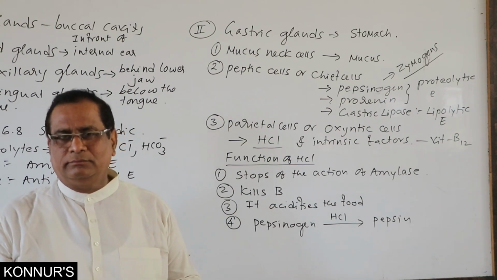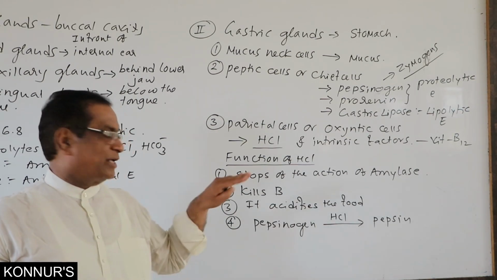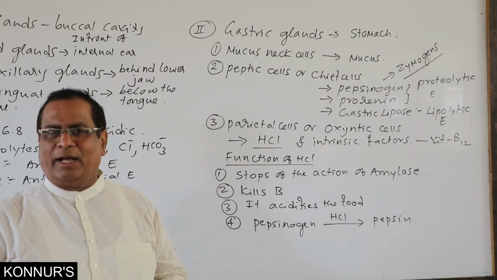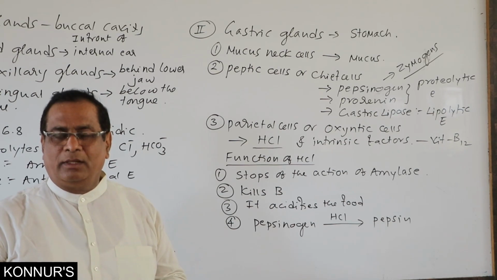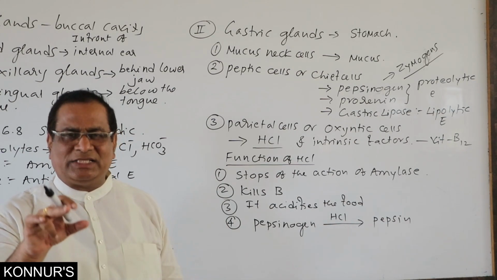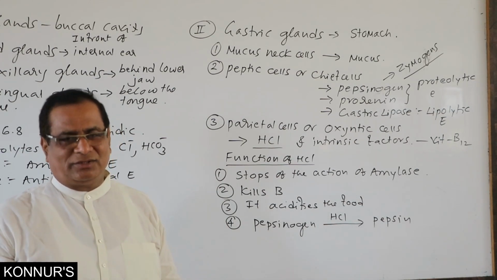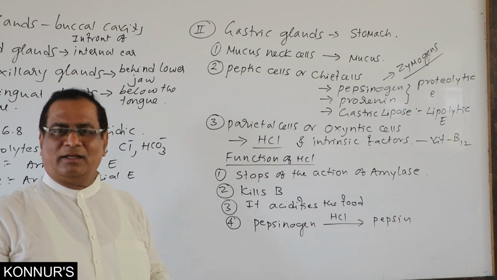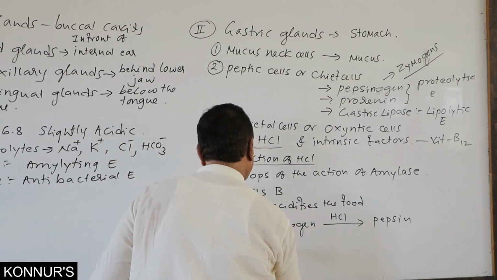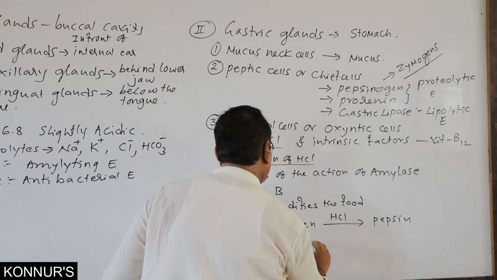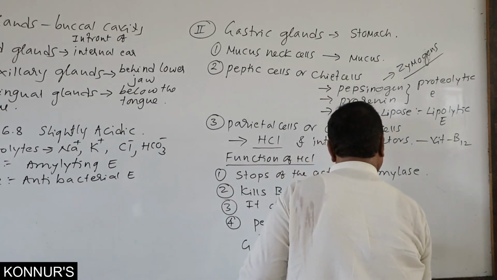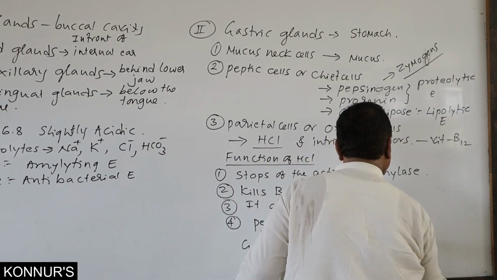HCl stops the action of amylase. How? How does it stop the action of amylase? We have mentioned it stops the action of amylase of saliva. How? It stops the action of amylase by changing the pH. HCl makes the pH of that gastric juice 1.8. It is highly acidic.